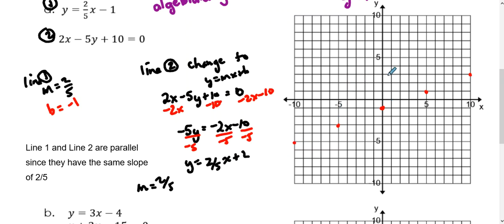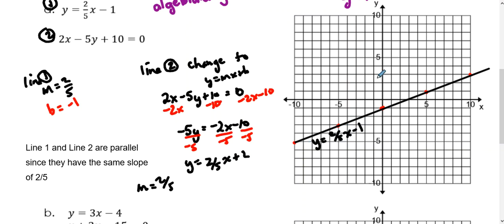The work that I saw from some of you in terms of graphing these lines was awesome, so I'm not worried about that at all. Just draw your line with a ruler, and we'll label that as y equals 2 over 5x minus 1.